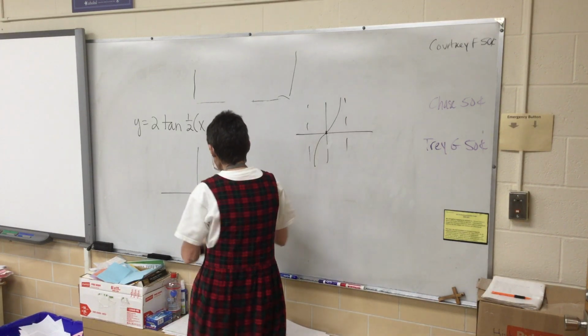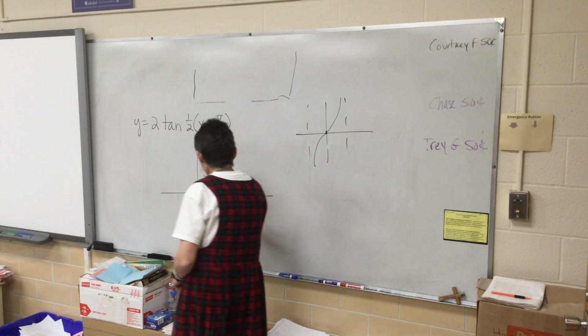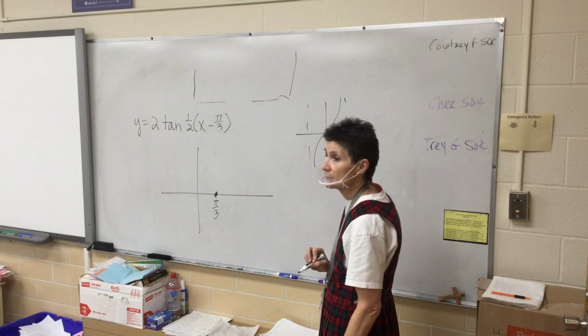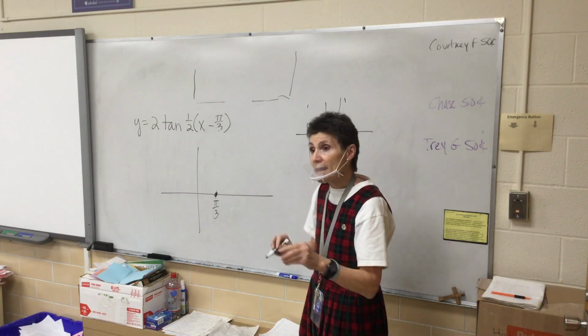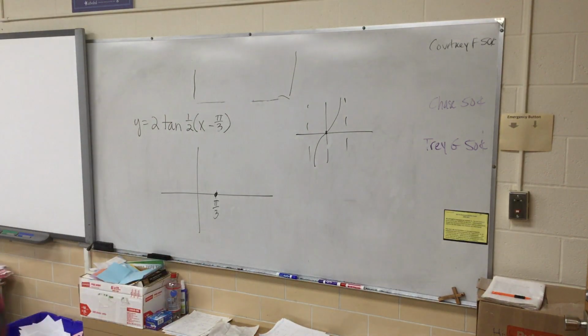That dot is now going to be at pi over 3. So there is a dot at pi over 3. When you phase shift tans and cotans, you phase shift the origin. Whatever was going on at the origin in the original picture, that's what gets moved. So the dot gets moved.